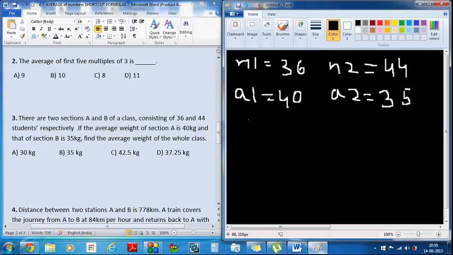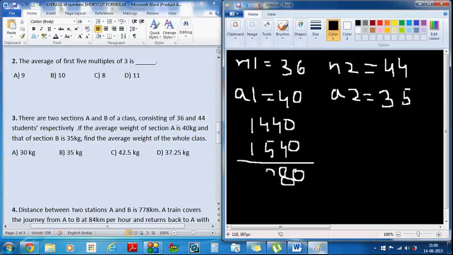N1A1 will be 1440, and N2A2 will be 36 into 35, which is 1260. So addition, it will be 2700.